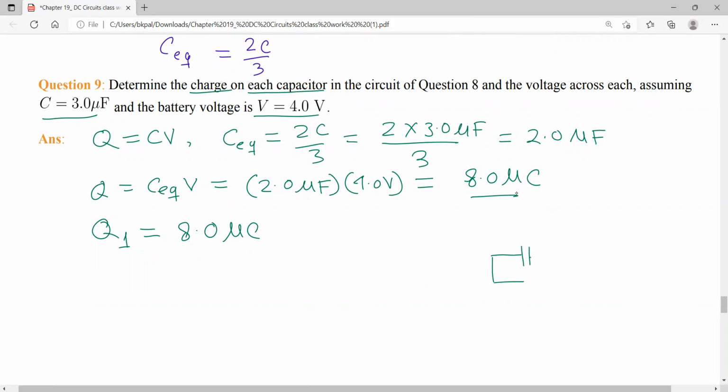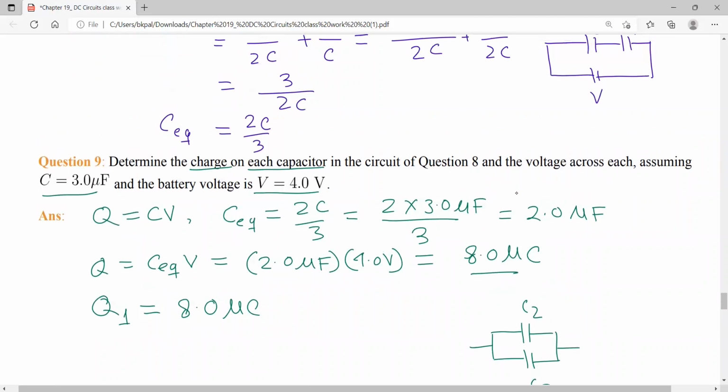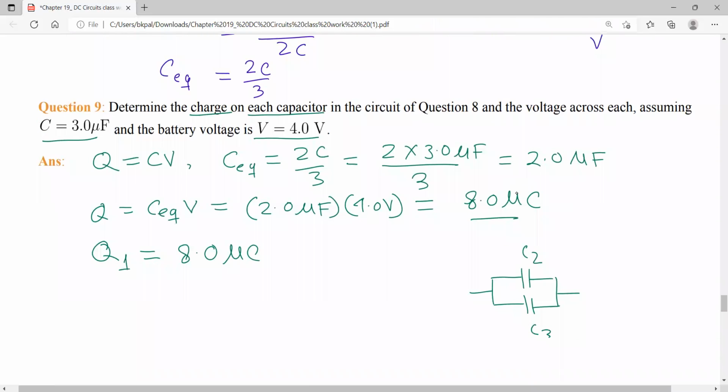So 8 microcoulomb will be divided into C2 and C3. Here, the C2 value is 3 microfarad and this value is also 3 microfarad. So 8 microcoulomb will be equally divided into this and this, right?